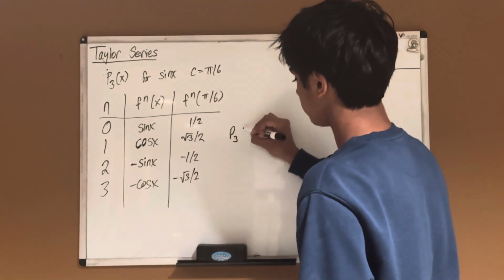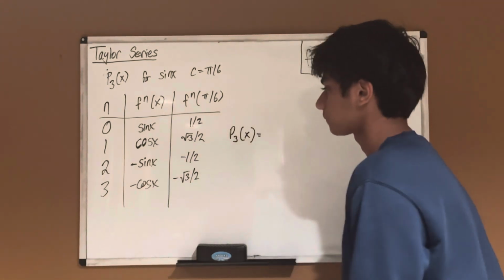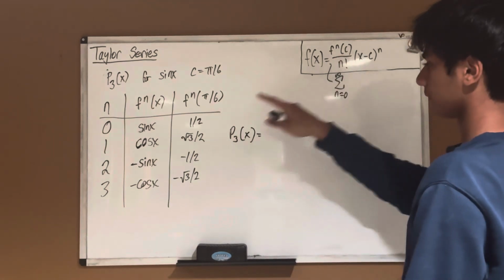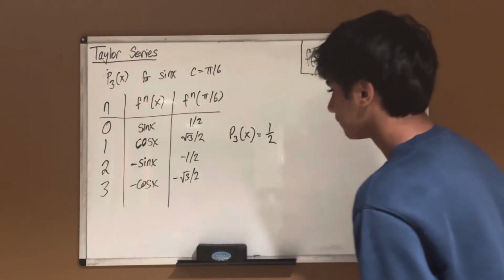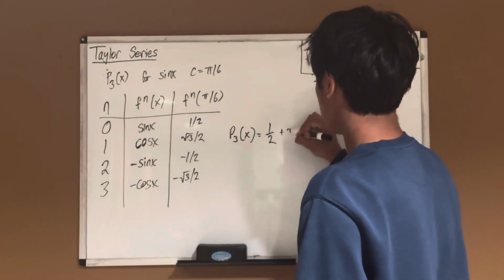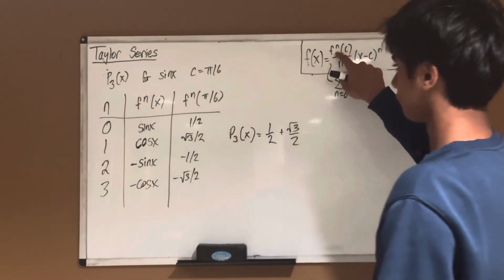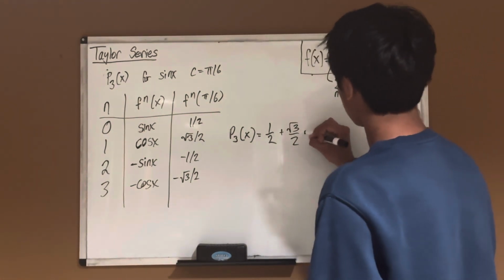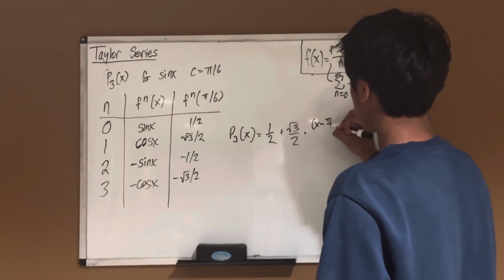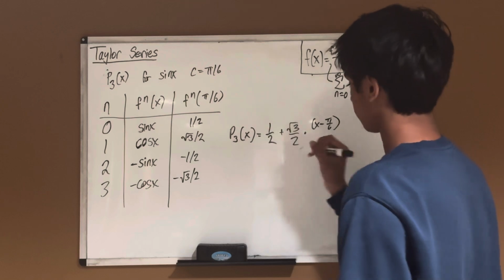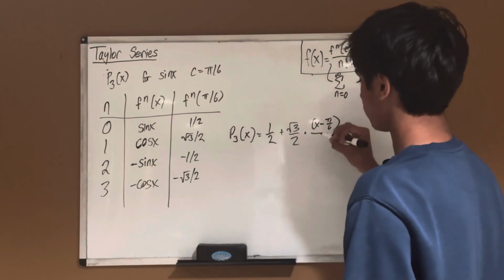So the Taylor series is equal to f of 0 of c is 1/2, and then this becomes 1, so just 1/2, plus square root of 3 over 2, that's our derivative, times x minus c. x minus c is x minus pi over 6 to the power of 1, over 1 factorial, which is 1.